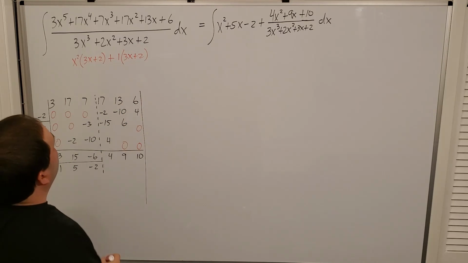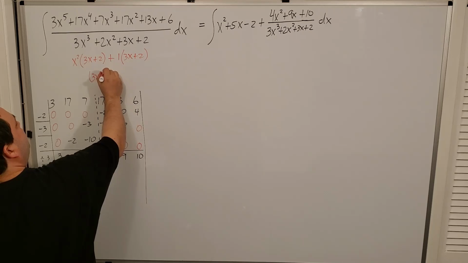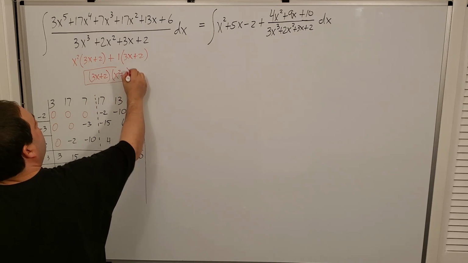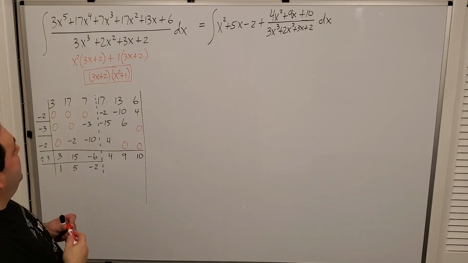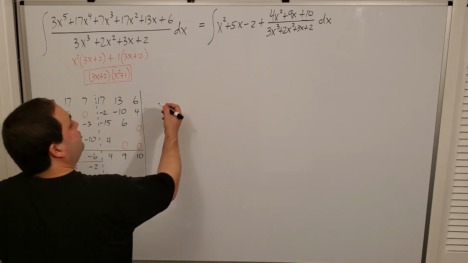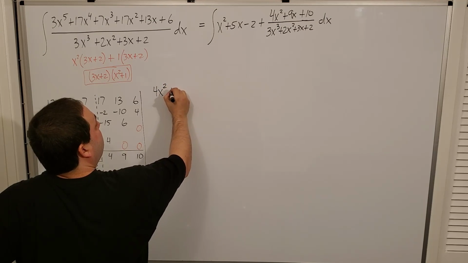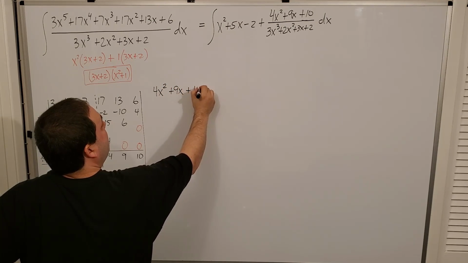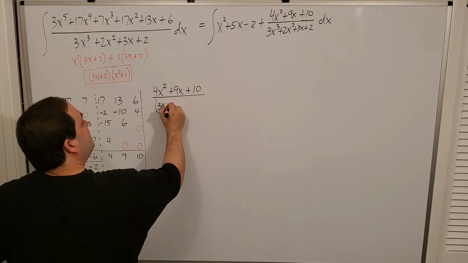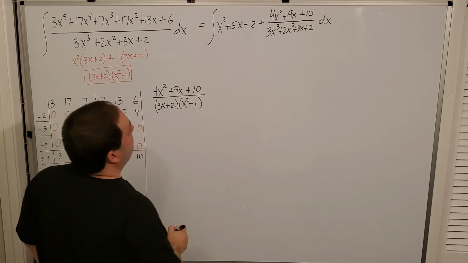Like so. So I'll have 3x plus 2 times x squared plus 1. This is what my denominator factors out to be. So I'm doing a partial fraction decomposition on 4x squared plus 9x plus 10 over 3x plus 2 times x squared plus 1.